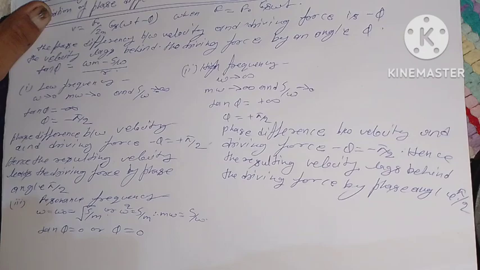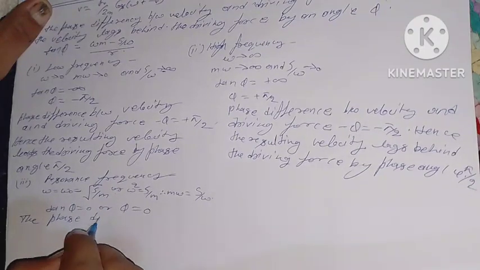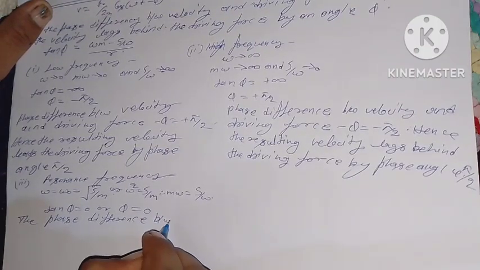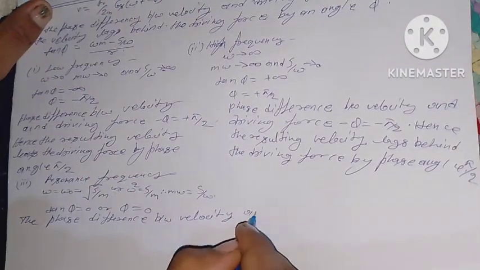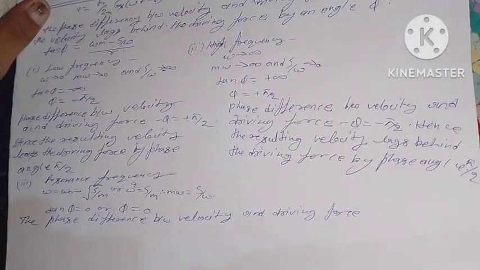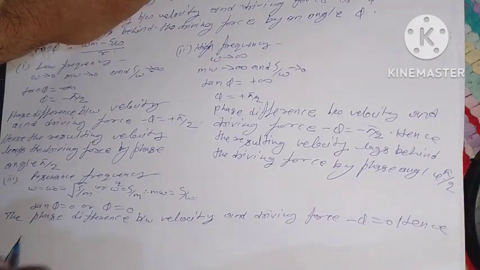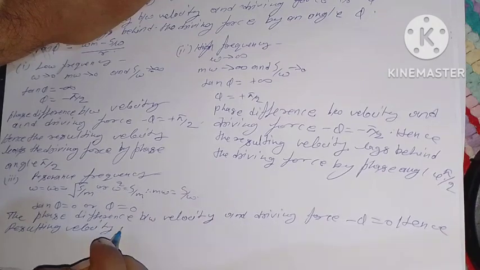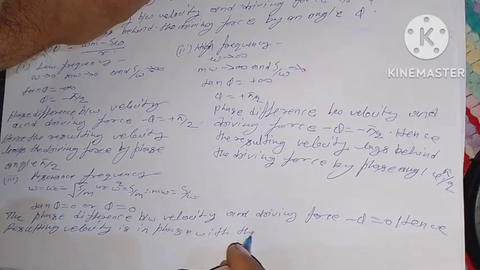The phase difference between velocity and driving force, minus phi, equals 0, hence the resulting velocity is in phase with the driving force.